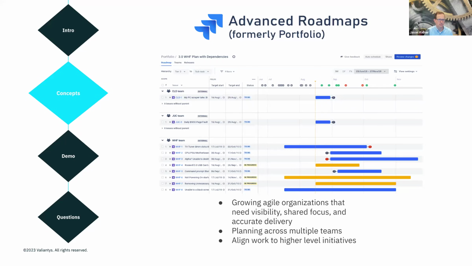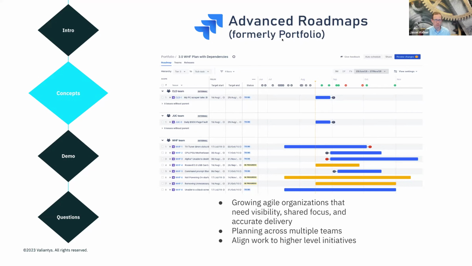Before we jump into the tool, just a little mention here: if you decide Jira Align really is too big of a tool for you to try to implement, don't worry, there are other options. If you have Jira Software Premium or Enterprise or Data Center, it comes with something called Advanced Roadmaps.